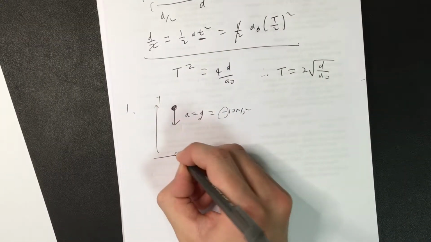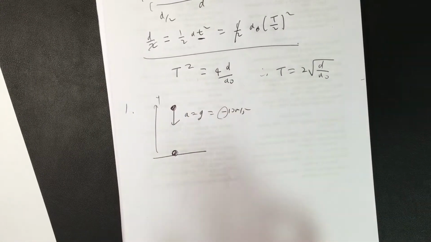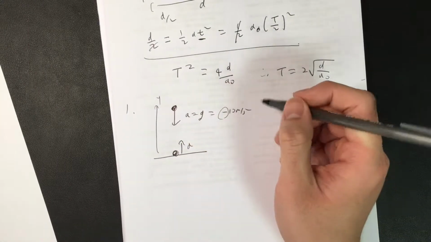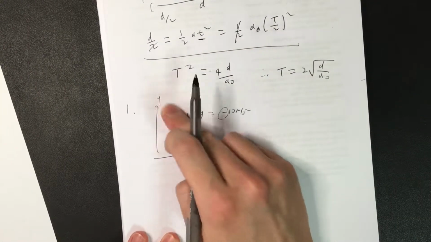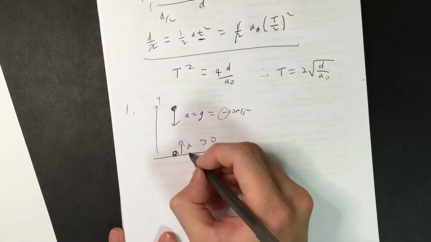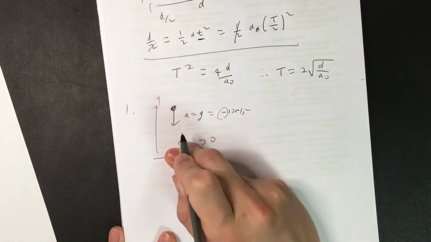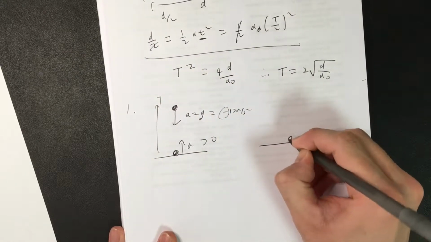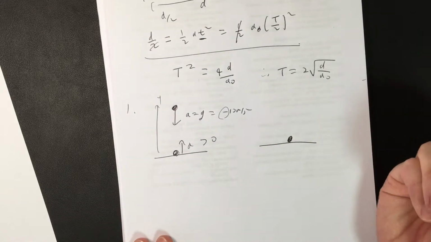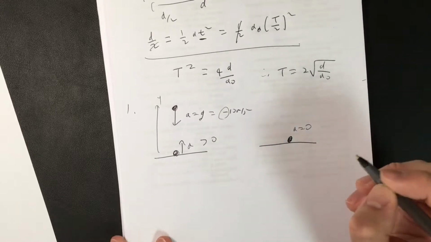And then when this hits the ground, the ground has to give extra acceleration that is pointing upward because this has to stop the velocity. So this is going to be some sort of positive quantity, the acceleration at the moment that the lump of clay hits the ground. And then after some time has passed, the clay is just going to rest on the ground, in which case acceleration equals 0.